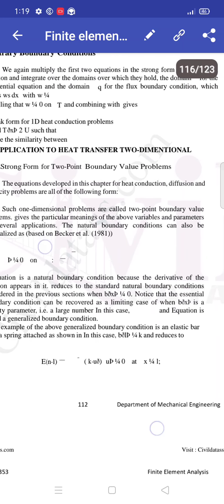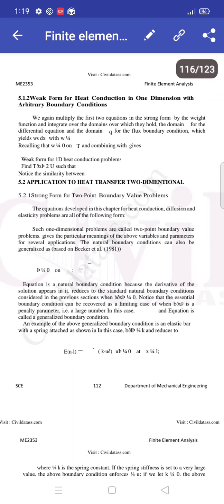Notice that essential boundary conditions can be recovered as a limiting case when the parameter is a penalty parameter, that is, a large number. This equation is called generalized boundary conditions.